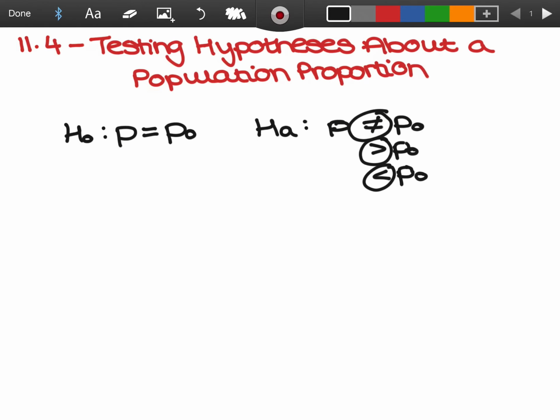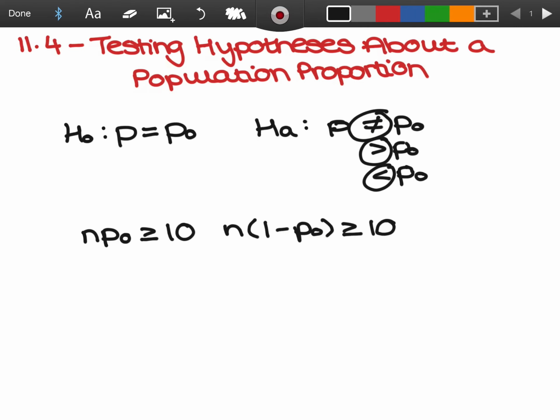Now when you do this, something that you have to be aware of, and we did cover this when we did proportions at the start, a few chapters back, is that you have to have that your sample size times that population proportion value is greater than or equal to 10, and you have to have that the sample size times the proportion of people that don't have that characteristic, so it's 1 minus P0, okay, P0 is the proportion of people that have the characteristic, 1 minus P0 would be the proportion of people that don't have the characteristic.